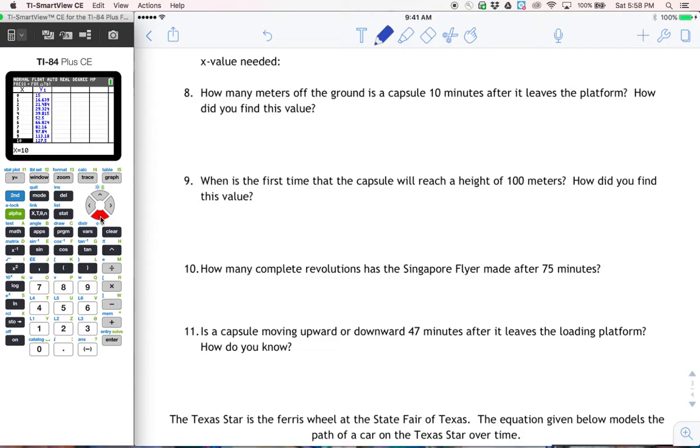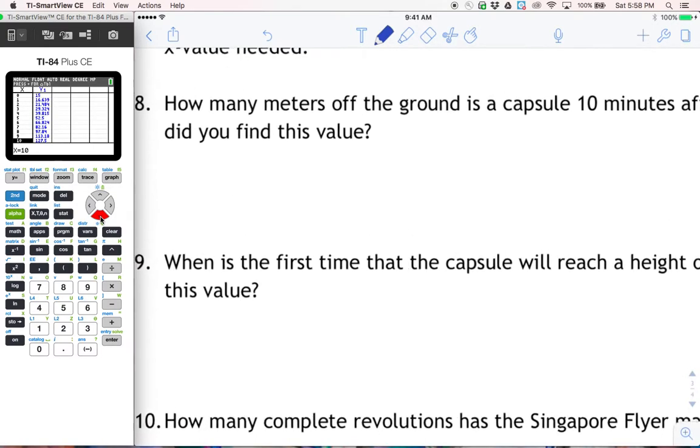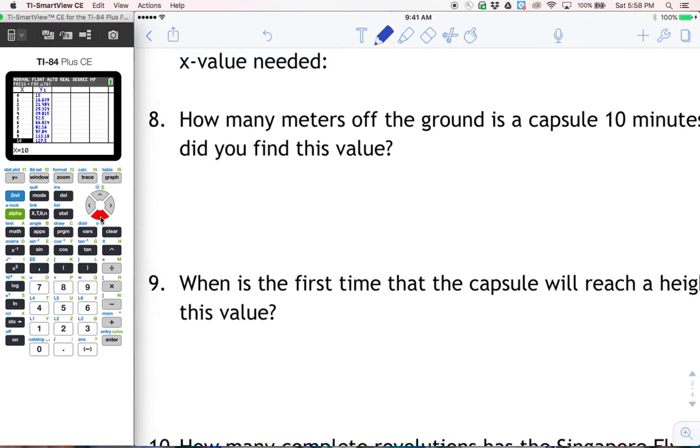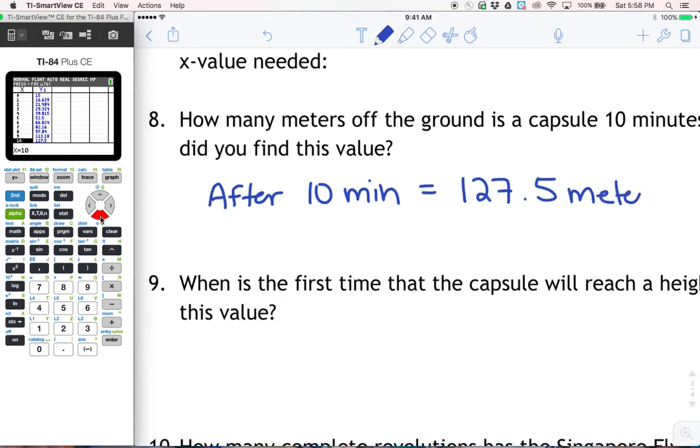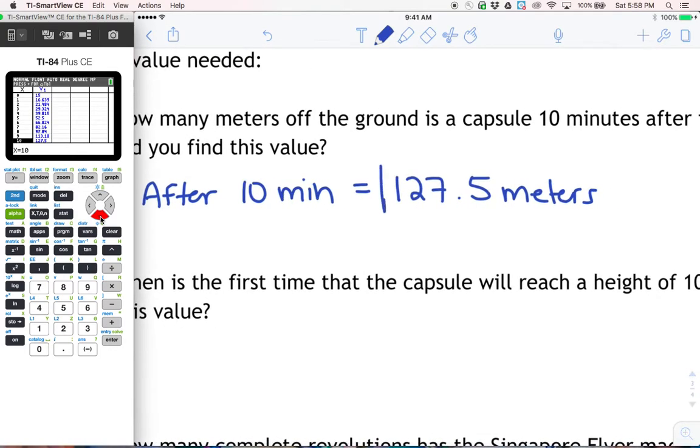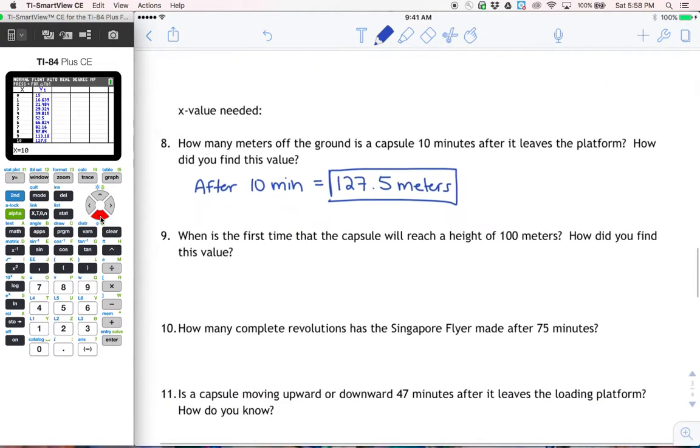So after 10 minutes, we got 127.5 meters. All right, and again, we could have just plugged in 10 for t in our formula to get this number as well.